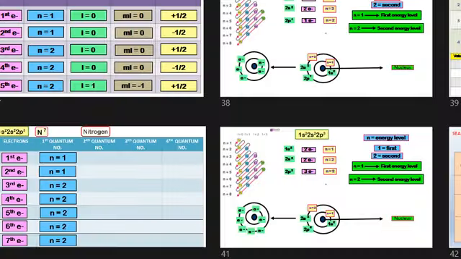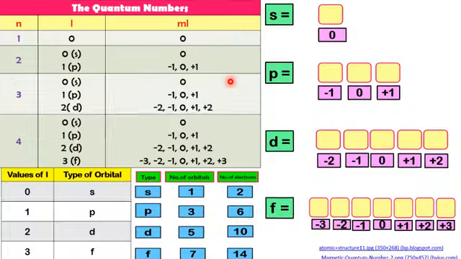So again, we need to use this table to answer the second and third quantum numbers, the L and the ML. L is 0 if it is S. L is 1 if it is P. L is 2 if it is D. And L is 3 if it is F. And the ML values pertain to what the values are for each L. If it is 0, 0.